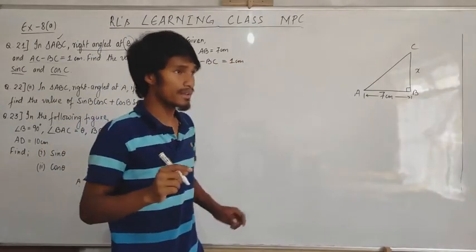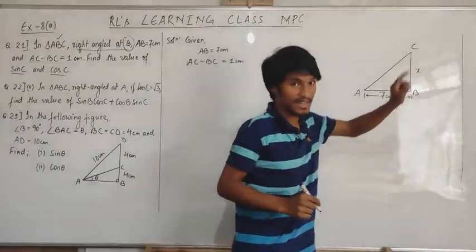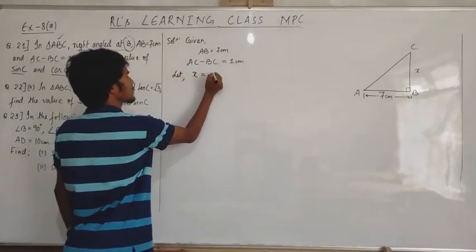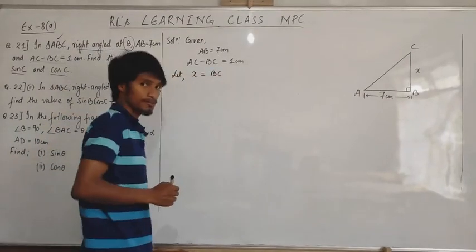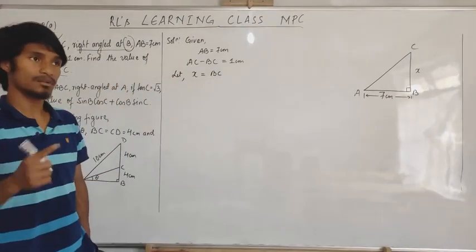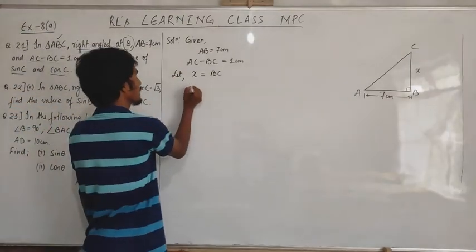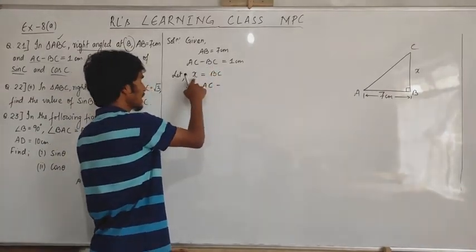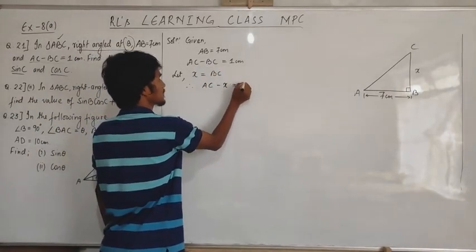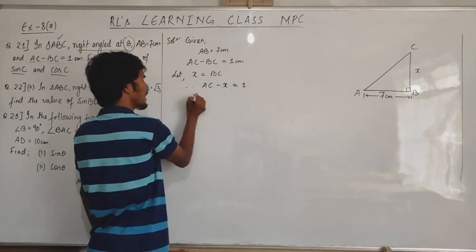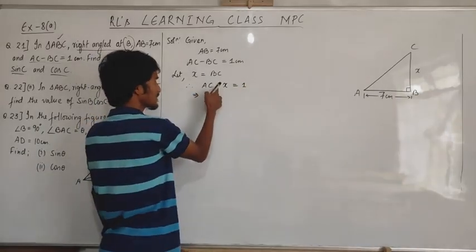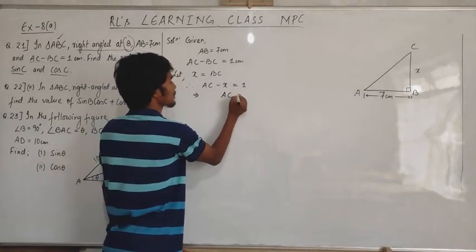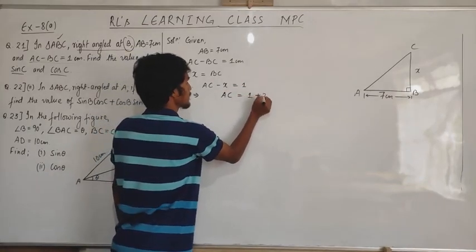I already told you, let me take the value of BC as X. So I write: let X be equal to BC, or BC is equal to X. Then I can write AC minus X is equal to 1. Taking this X to the other side, minus changes to plus, so AC is equal to 1 plus X.